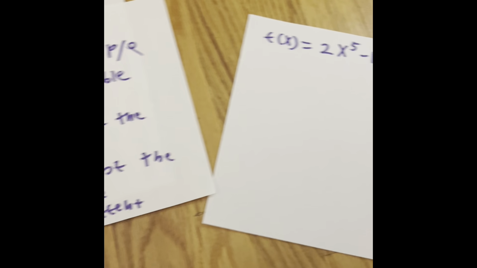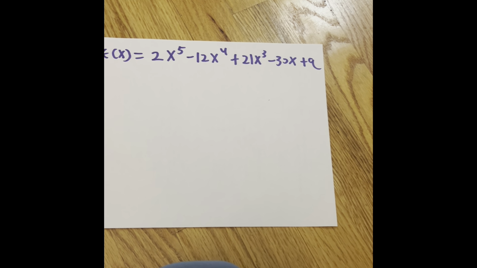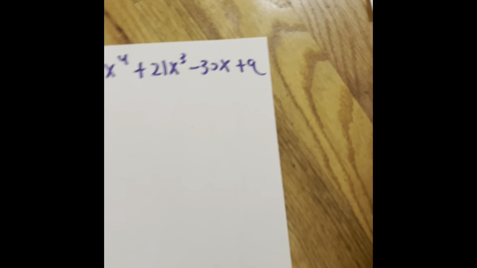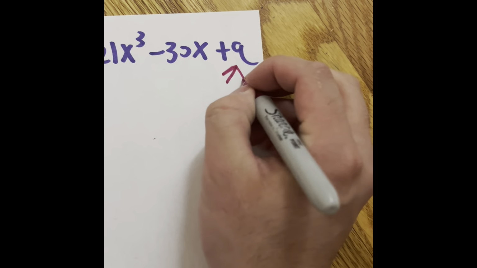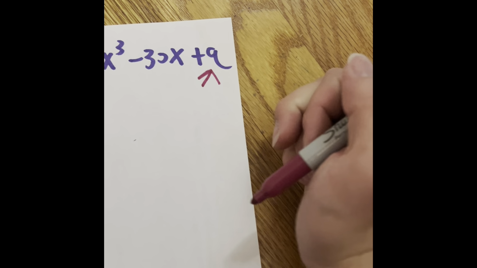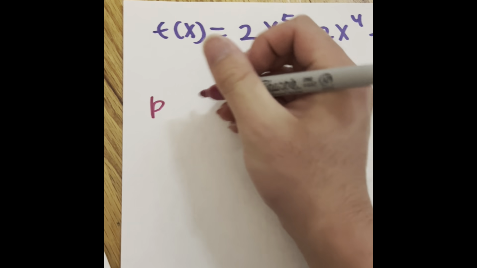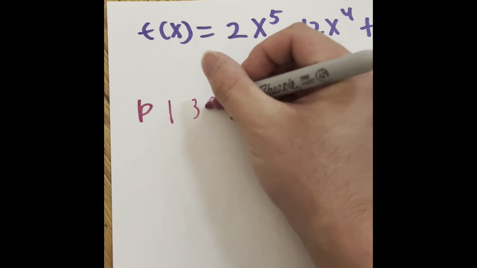So right over here, we can say that p in this case is 9. So we're going to focus on the number 9. So p can have factors 1, 3, and 9.